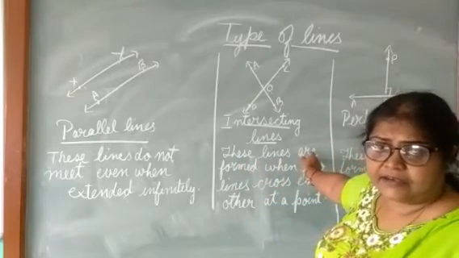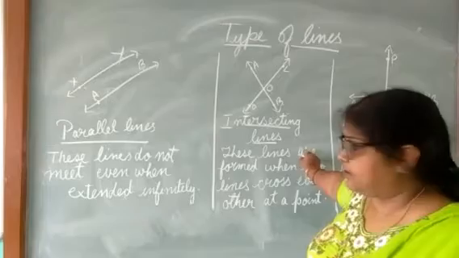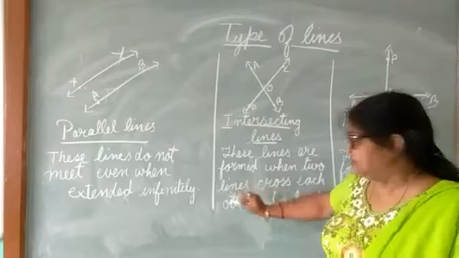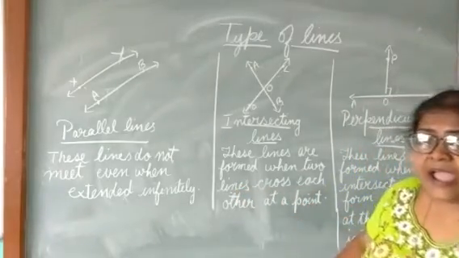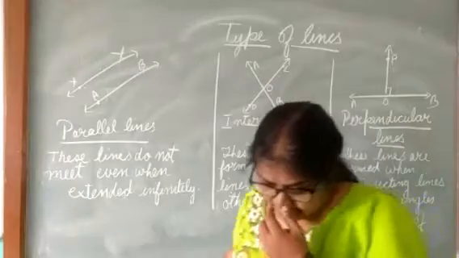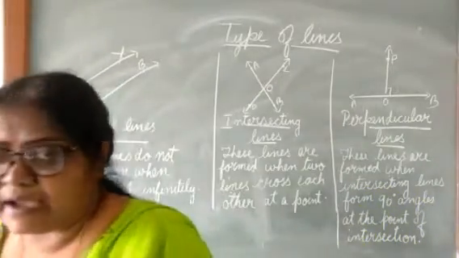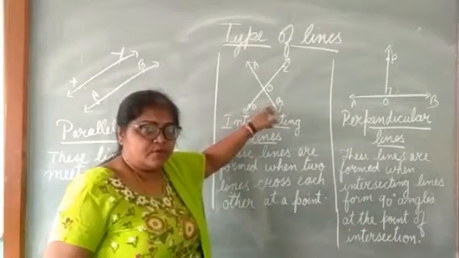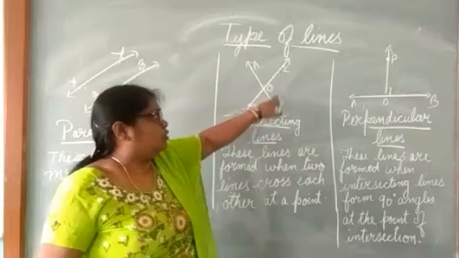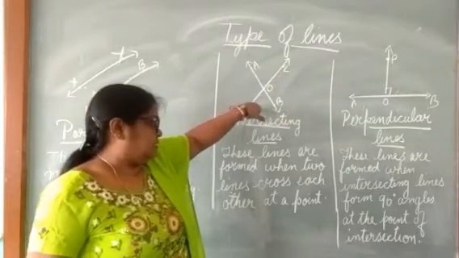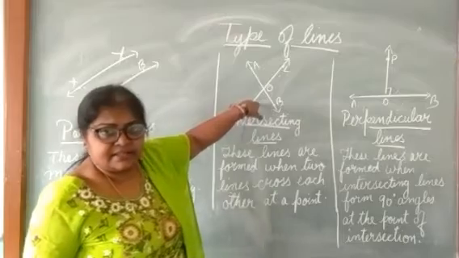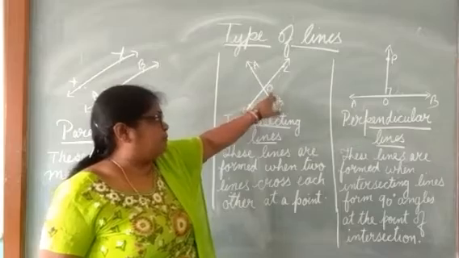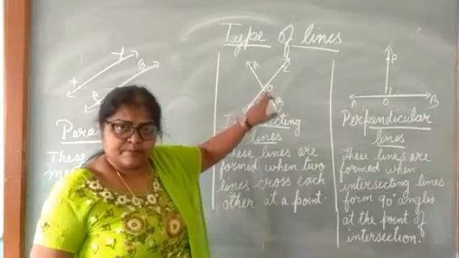So let's see what we have written here. These lines are formed when two lines cross each other at a point.